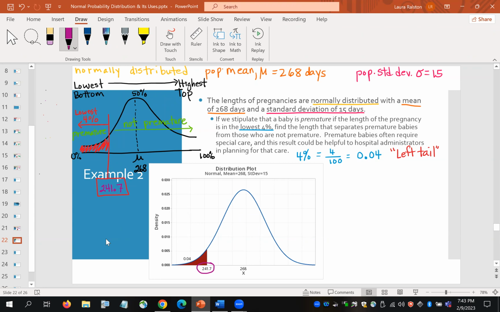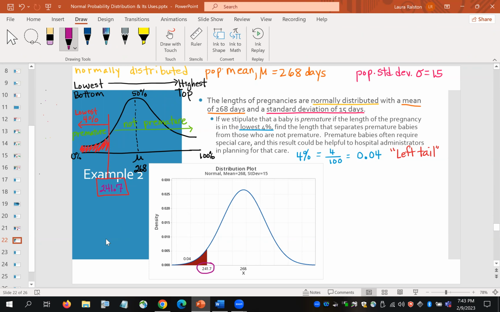So premature babies that are born between the 241st and the 242nd day of the pregnancy would be considered premature. I probably would round down and say 241.